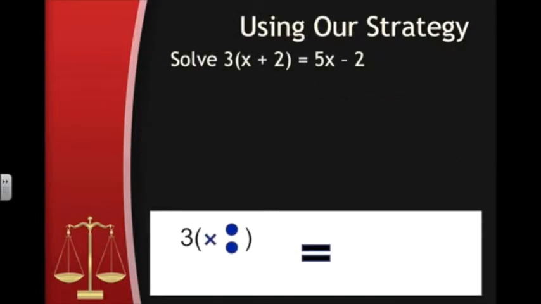Let's begin practicing our general strategy by solving the equation 3 times the quantity x plus 2 equals 5x minus 2. Please note that blue objects represent positive values, while red objects represent negative values. First, let's simplify both sides of the equation.